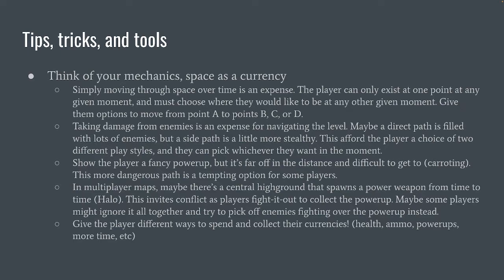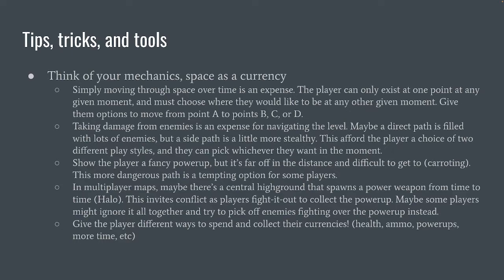So a way of building in an interesting choice for the player in that situation would be, maybe there's a really boring, easy path that doesn't have a whole lot of enemies, and it will simply get you from point A to point B, but maybe there's a path that is a little less traveled, and there's something really cool, but to get to it, the player's going to have to fight through a horde of enemies, and to do that, they're going to need a lot of health, and be very careful about how they, quote, spend their health points.